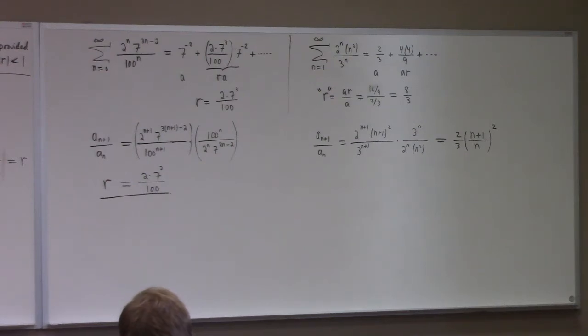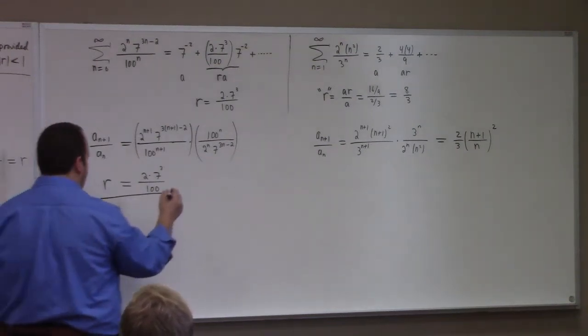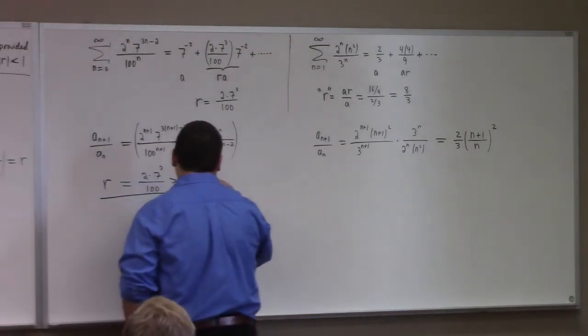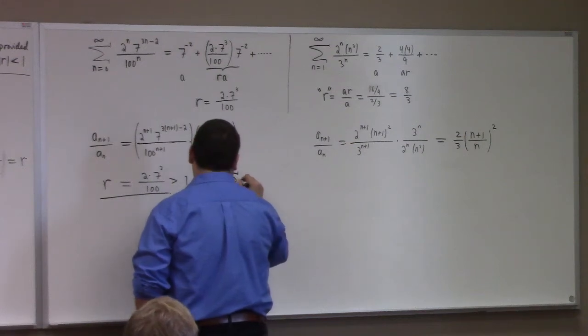It's also divergent, right? Because what's 7 cubed? It's 49 times 7. It's definitely bigger than 100, right? It's fairly obvious that this is greater than 1, right? So therefore, S diverges.